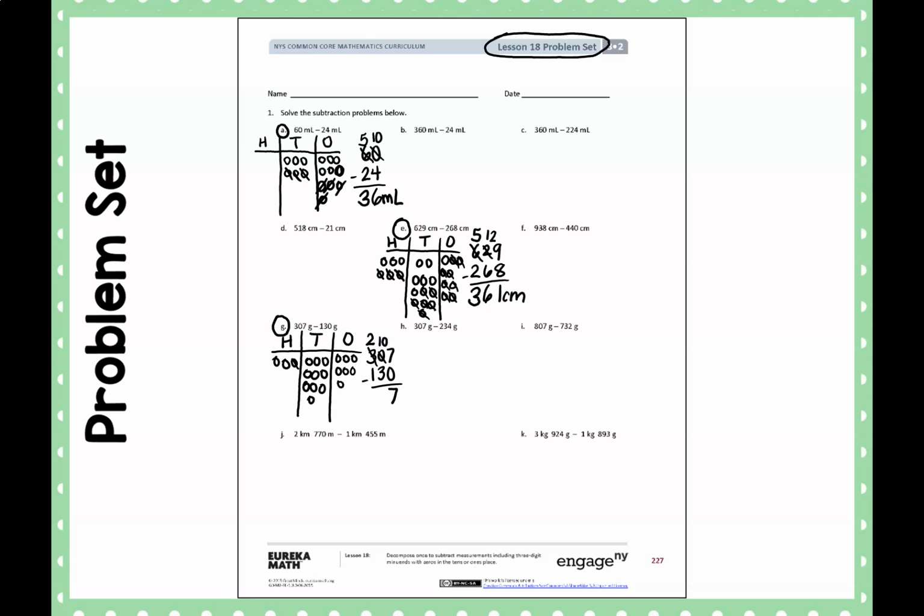Okay, now can I take 10 tens minus 3 tens? Yep, let's go ahead and cross off 3. So now I have 7 tens left over. All right, lastly in my hundreds place, I have 2 hundreds left. Can I take away 1? Sure can. Let's go ahead and cross 1 off. I have 100 left. So 307 grams minus 130 grams equals 177 grams.